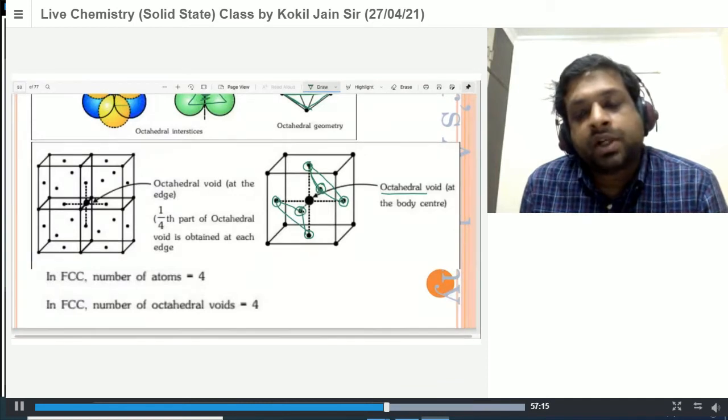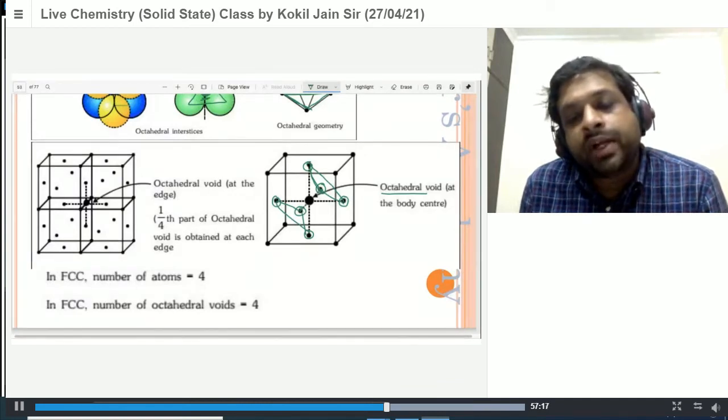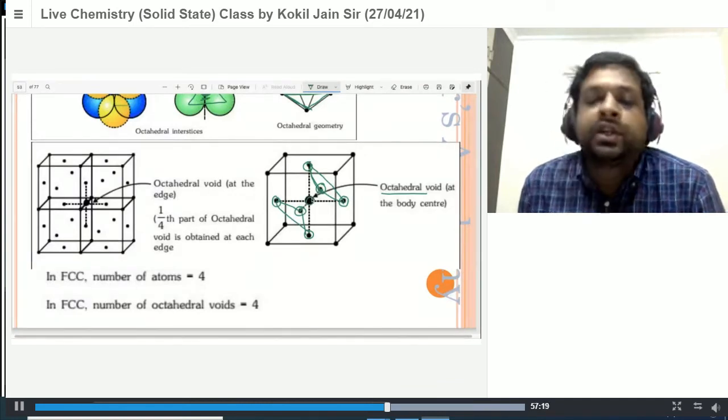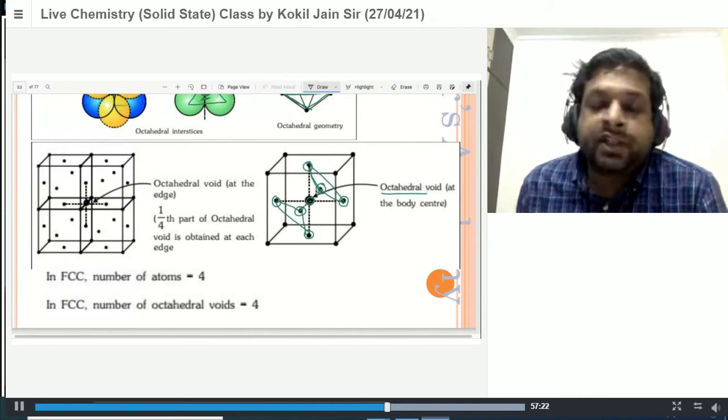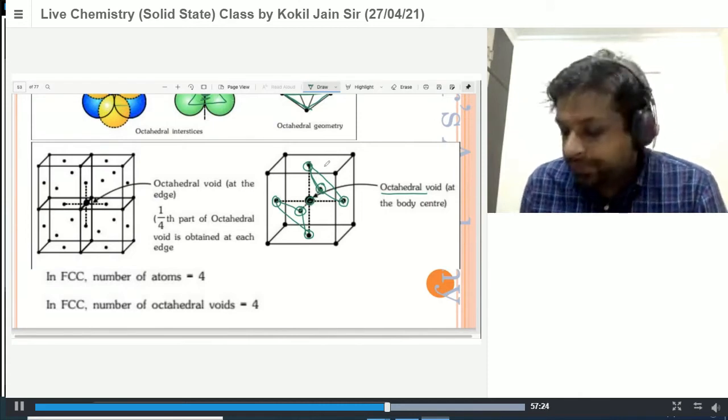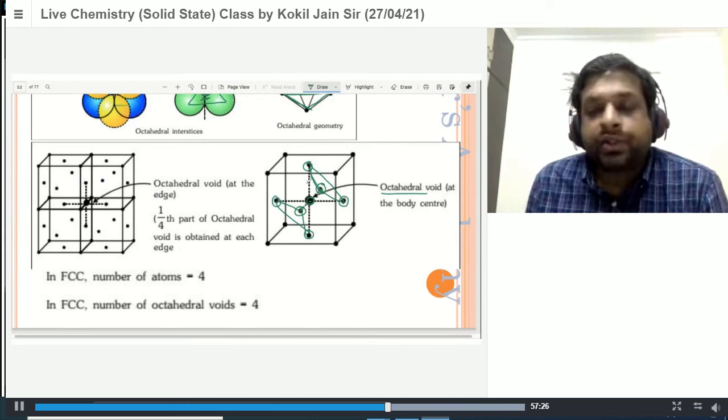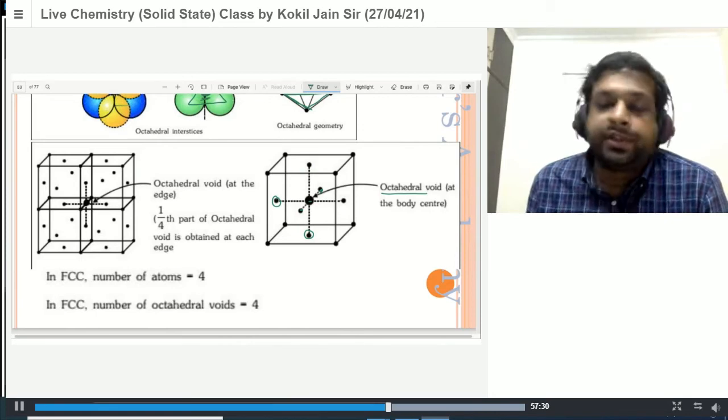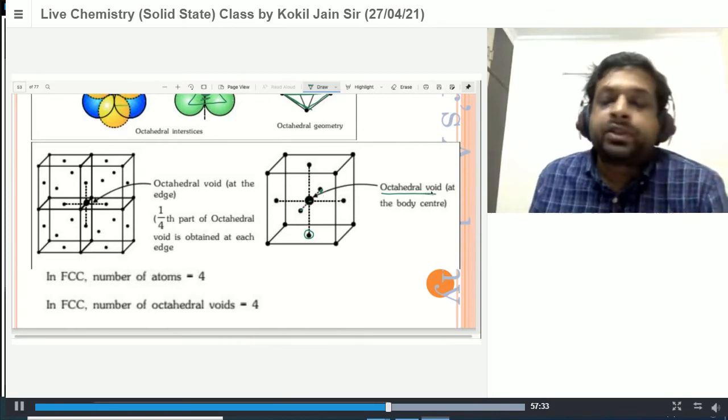That is how you can visualize that there is void space in between this octahedron. Effectively, at the body center in the case of an FCC lattice, you are going to see an octahedral void here.